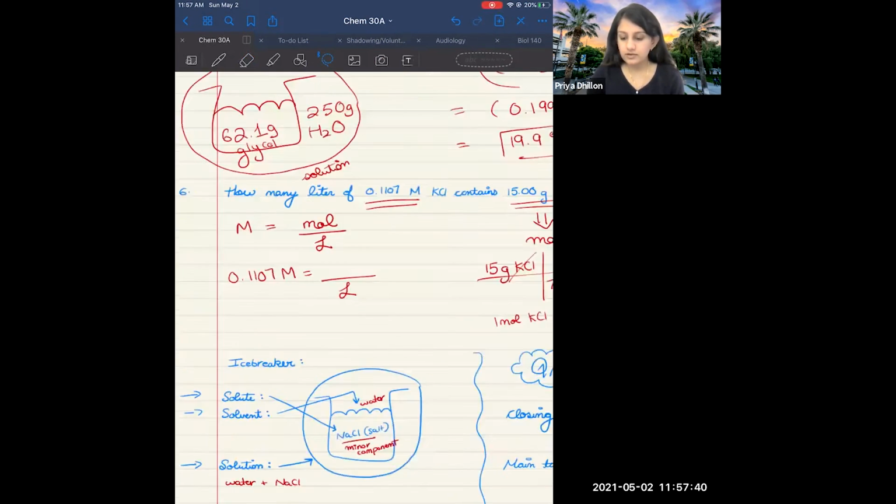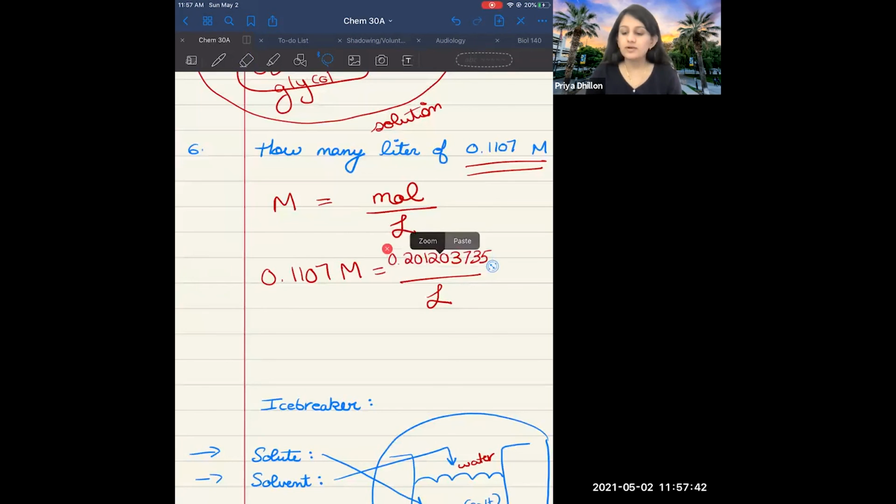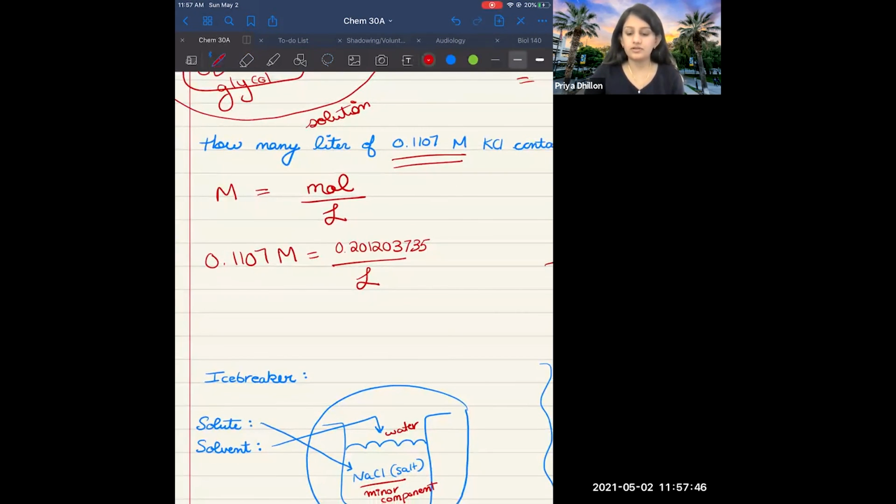All right. So see how we went from grams to moles, and now we're gonna look for the liters. So there is a step that we have to do. So find the answer here. So what do we do to get the liters?